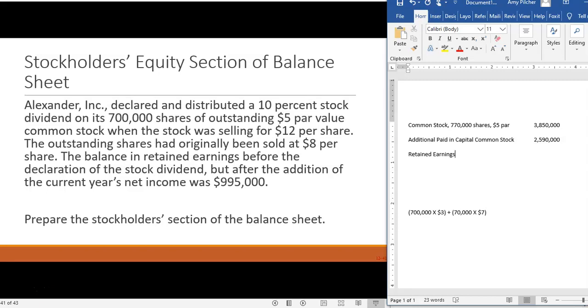Well, we need to remove the value of that stock dividend. We paid $12 a share for those. So 70,000 shares times $12 gets removed from our retained earnings, leaving us a balance in retained earnings of $155,000. That gives us a total stockholders' equity of $6,595,000.